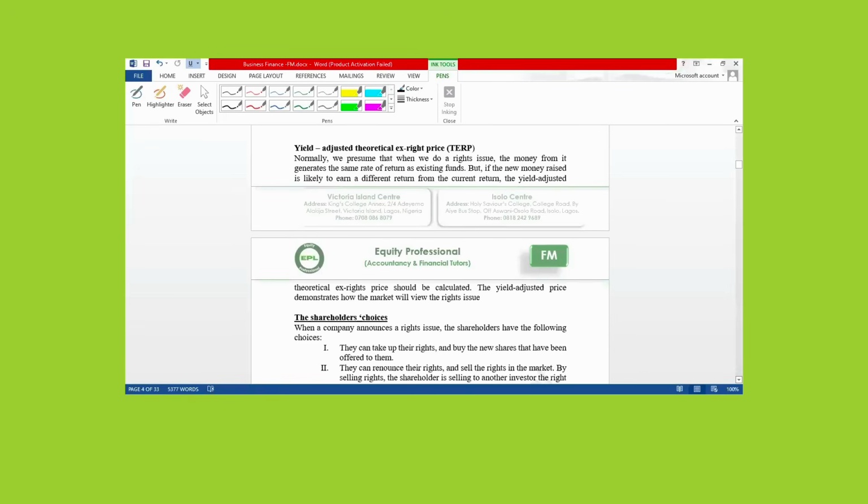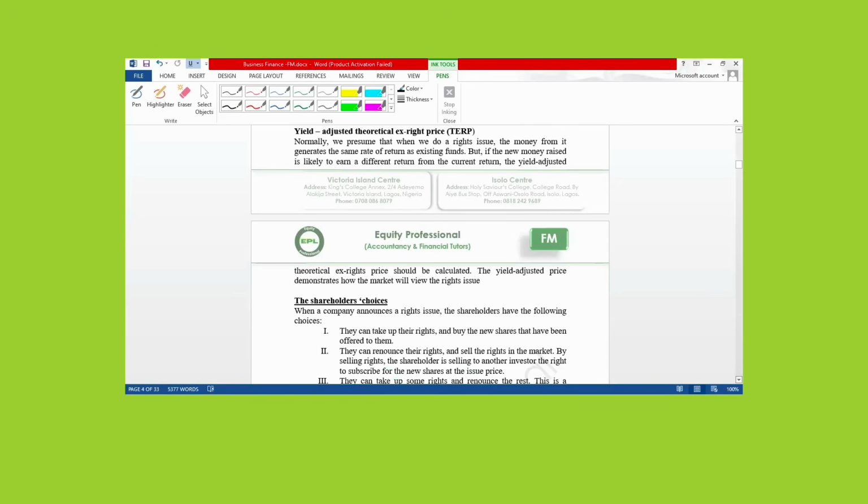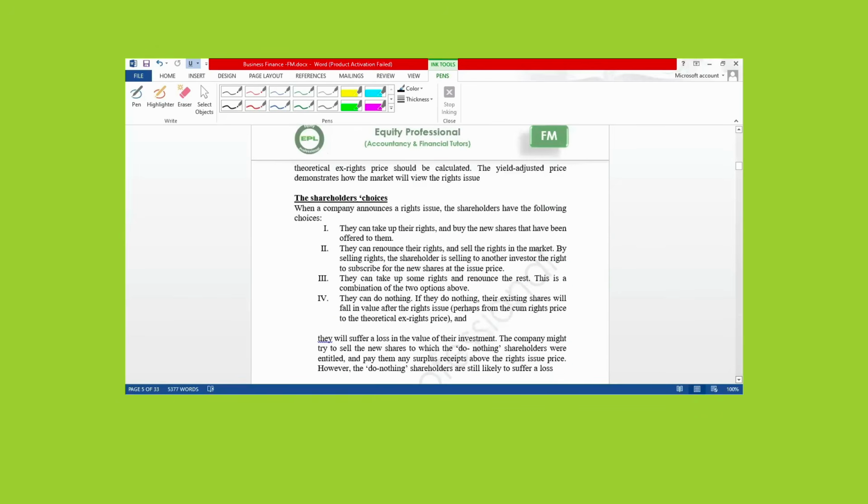All right. All this discussion so far is on rights issue. The last aspect of rights issue is the shareholders' choices.